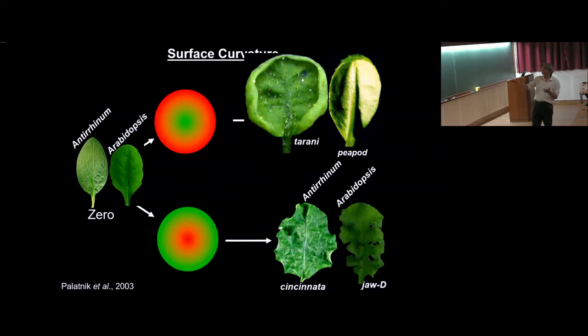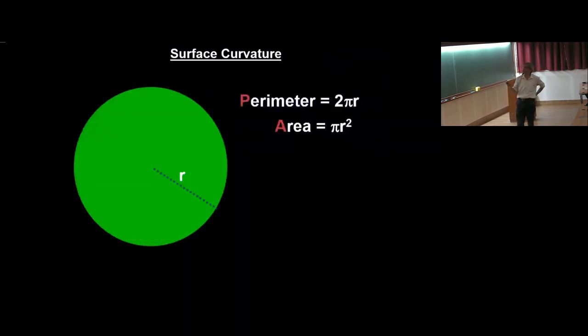If you look at it, this looks like negative Gaussian curvature, or this looks like positive Gaussian curvature, but to what extent has it changed? For that, you can derive some empirical formula. For example, this is a flat structure with radius R, and we all know that the perimeter and the area are 2 pi r and pi r square.